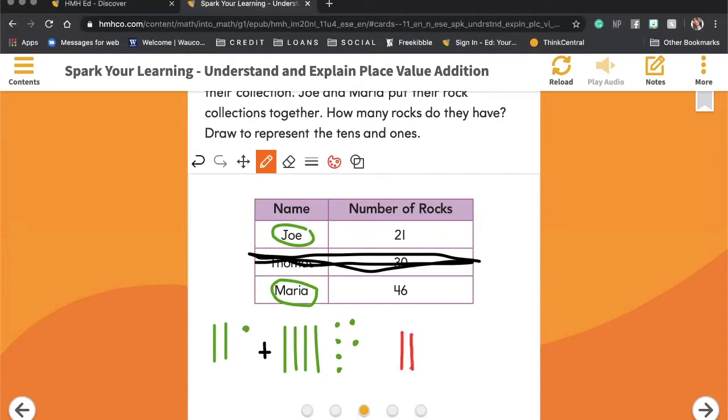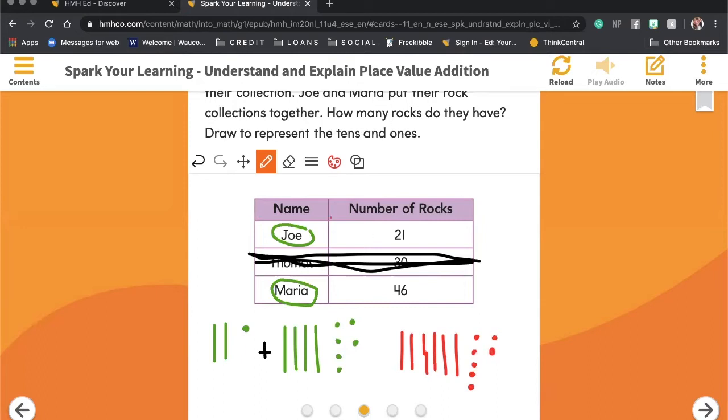1, 2, 3, 4, 5, 6. Then I can look at my ones. Joe has 1 one and Maria has 6 ones. 6 plus 1 will give me 7. 1, 2, 3, 4, 5, 6, 7.